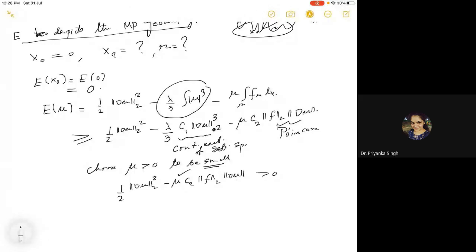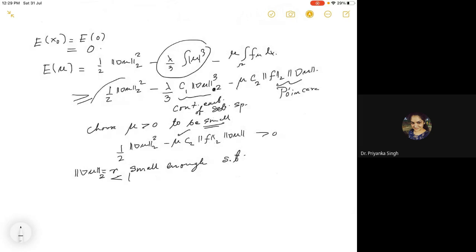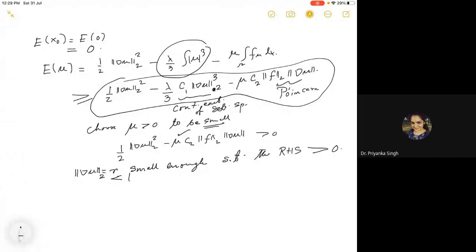So you can always choose mu small enough so that this quantity is positive, and then choose this r, the norm of this one, to be small enough, certainly less than 1, such that the entire right hand side is positive.